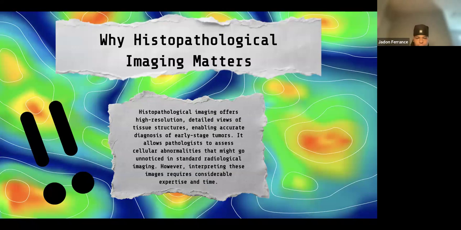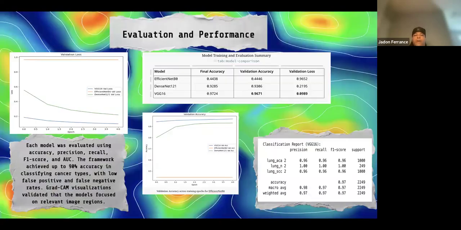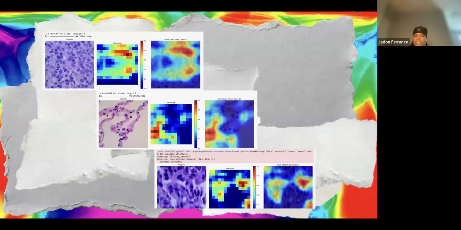But in pathology, it's not in the sense where it's stage one, stage two, stage three. It's more where you can tell, from the image of the tissue, if there are cancerous cells in it, and if so, how far gone the cells are. So the darker the heat map is, like on the Grad-CAM images, the more far gone the cancerous cells are in the image of the tissue.